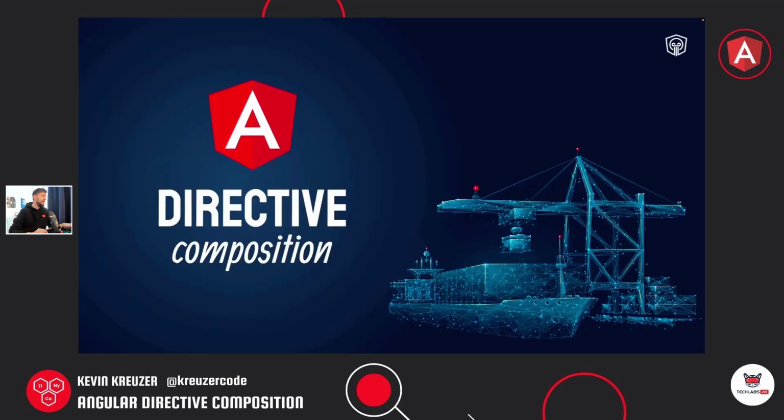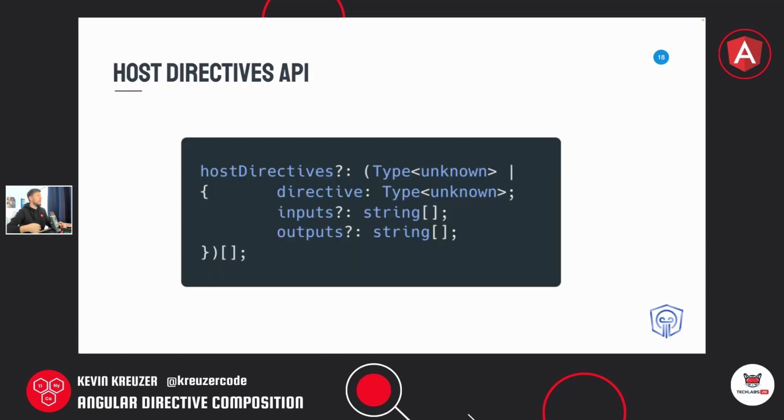So with host directives, or the directive composition API, we can extend the behavior of multiple directives. So extend is maybe not the right keyword, but we can basically get the behavior of multiple directives.